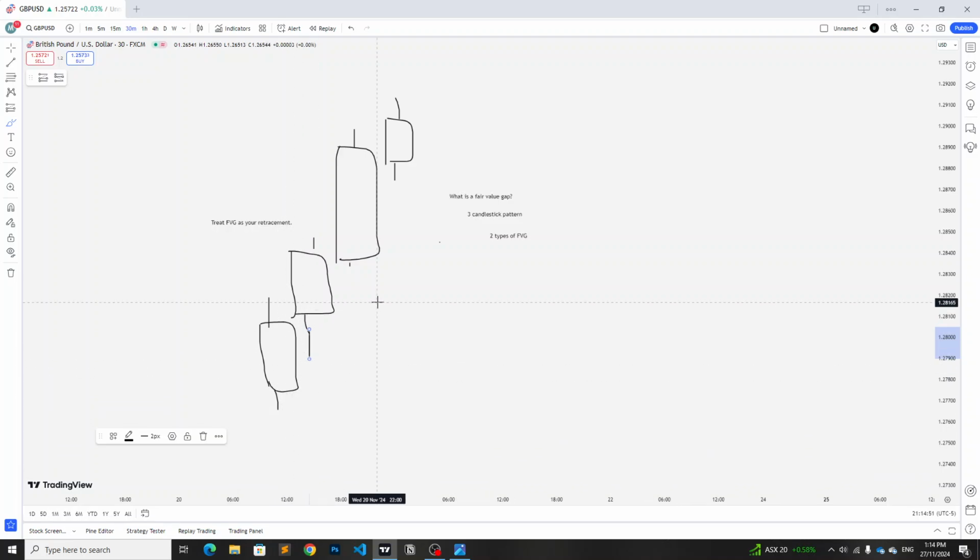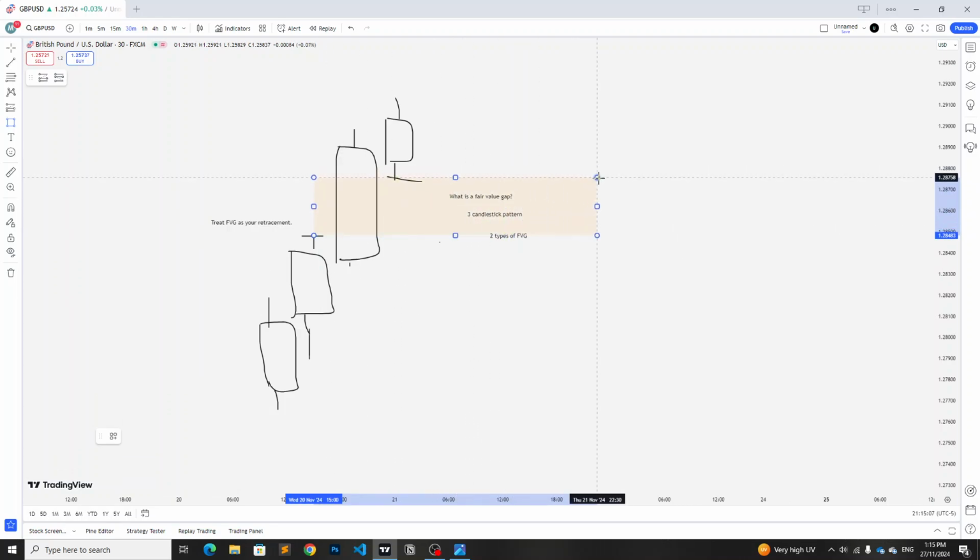There's a little bit, but it doesn't work. But if you look at that and that, there's a void right here. That void is what you call a fair value gap. So that's a fair value gap.